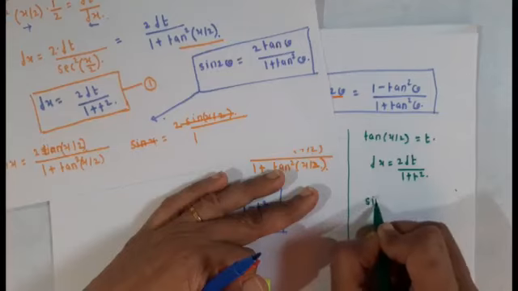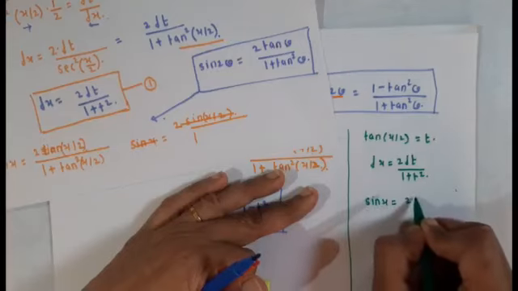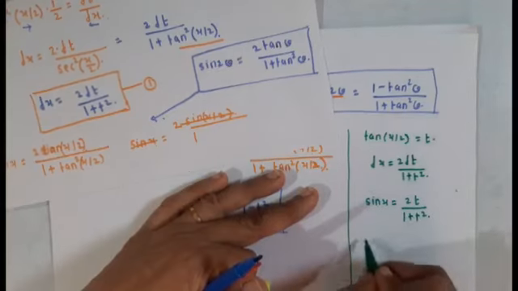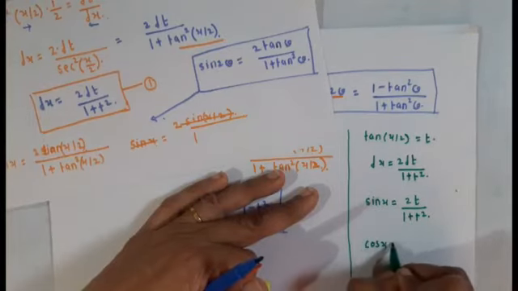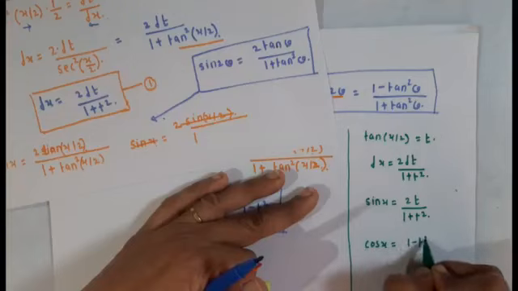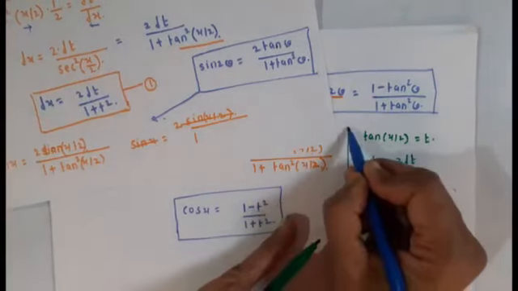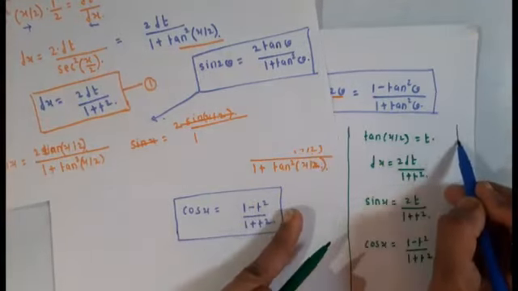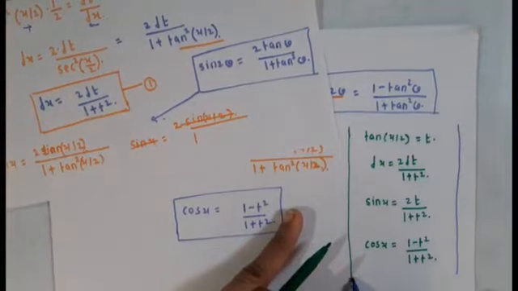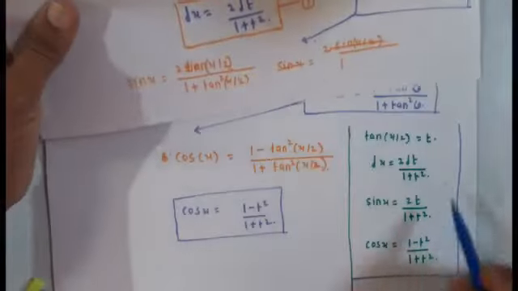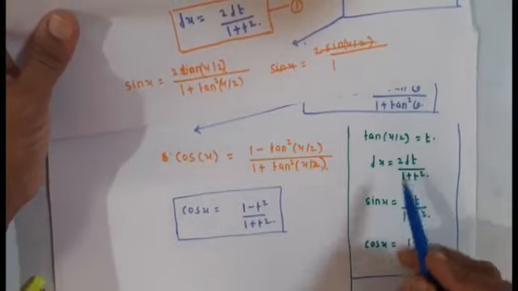Then sin x equals 2t upon 1 plus t square, and cos x equals 1 minus t square upon 1 plus t square. You must learn these formulas students, then you can solve. Otherwise you have to do all these calculations while solving the problem, and that will be a wastage of your time. So please remember all these things while solving the problem.